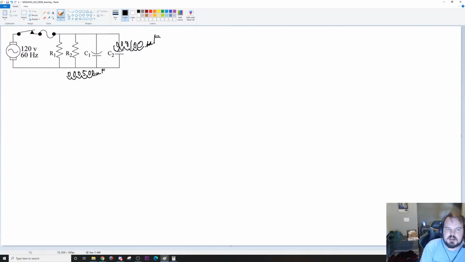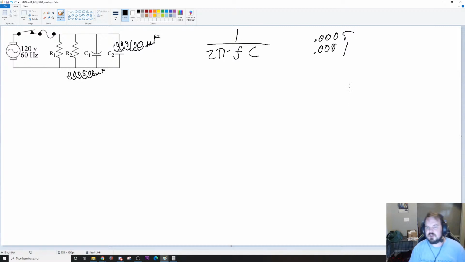That's again 3 zeros. Your formula is 2 pi f c, where c is in regular farads, not microfarads. So you're going to have 0.0005 and 0.0001 is what you're going to plug in.